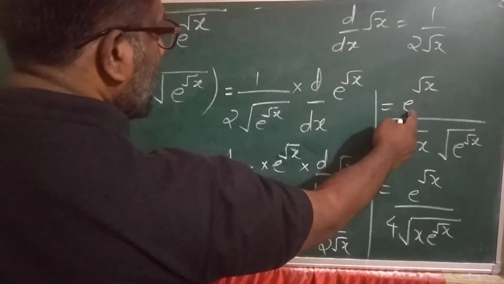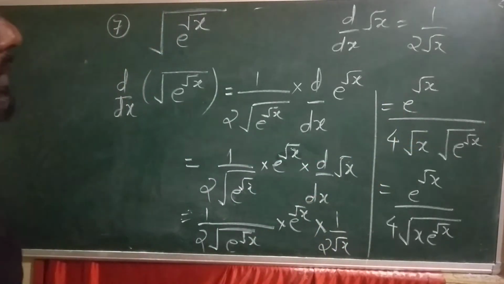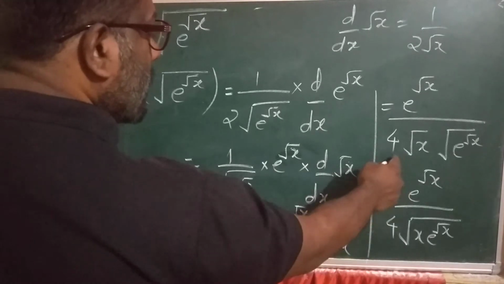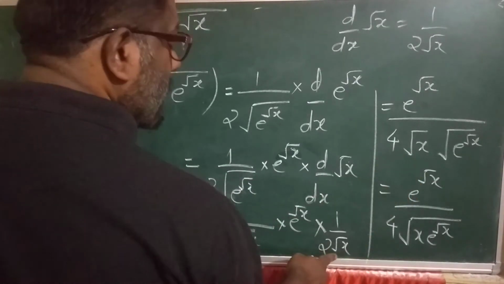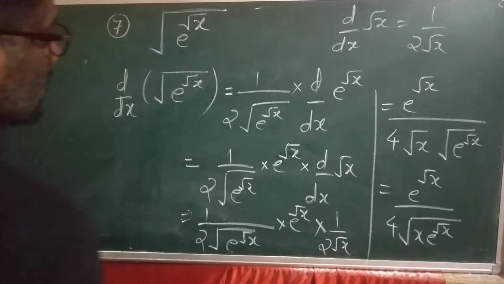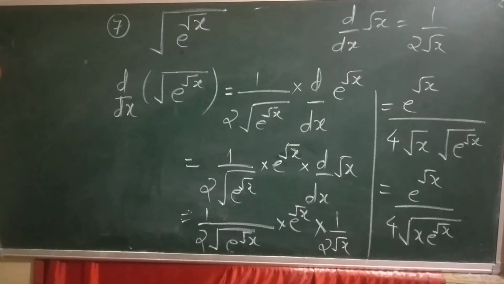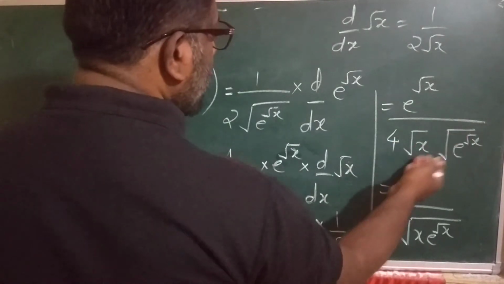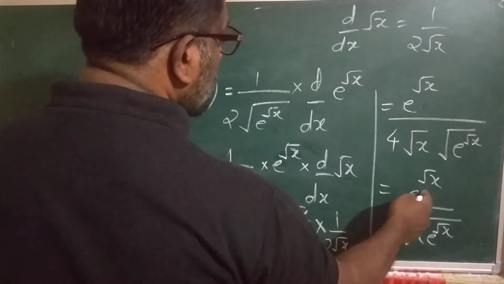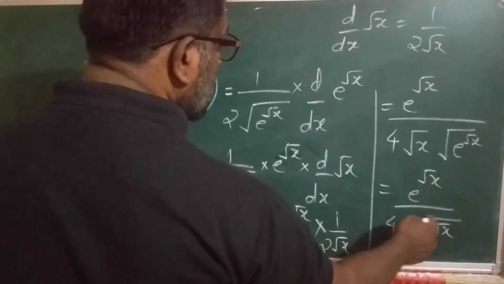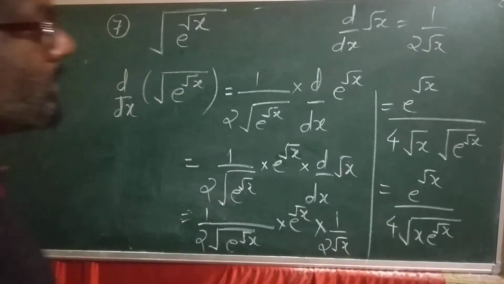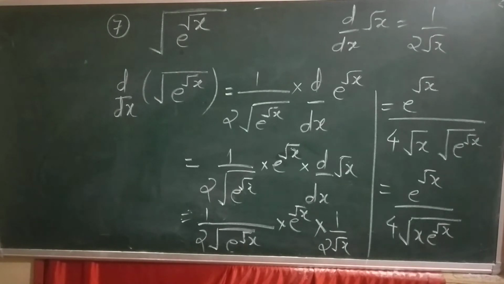So in the numerator we have e to the power root x, and in the denominator 2 into 2, 4 root x, and root e to the power root x. The same root is here, so we can multiply. So e to the power root x upon 4 root x into e to the power root x. So this is the answer of the 7th question.